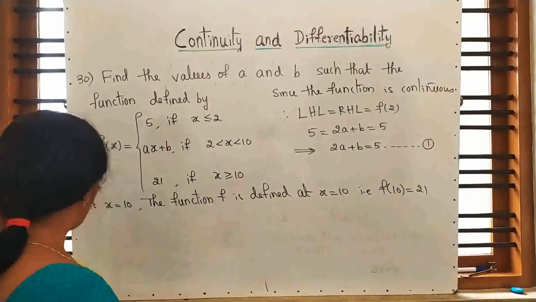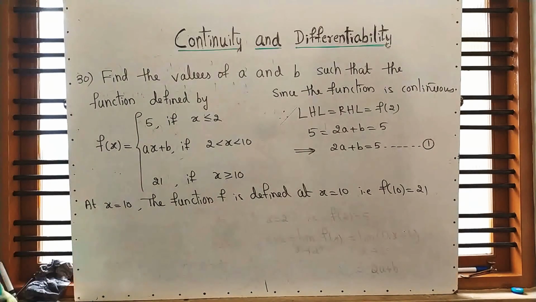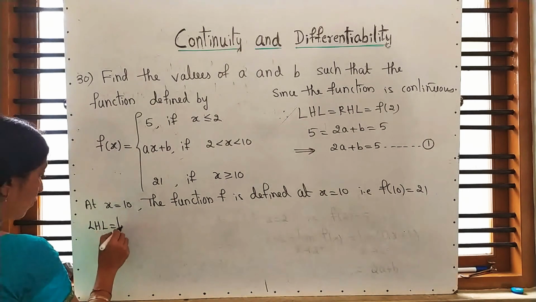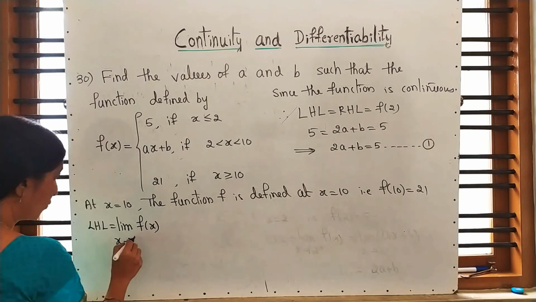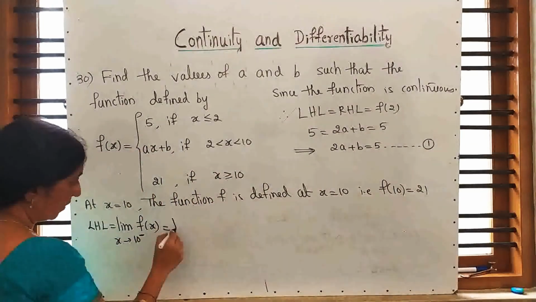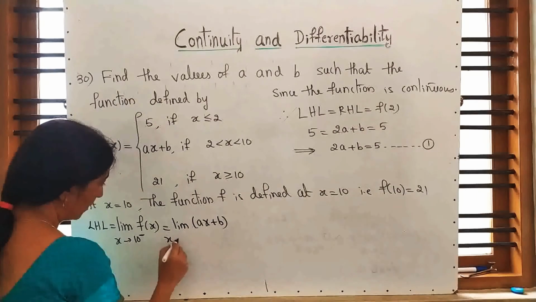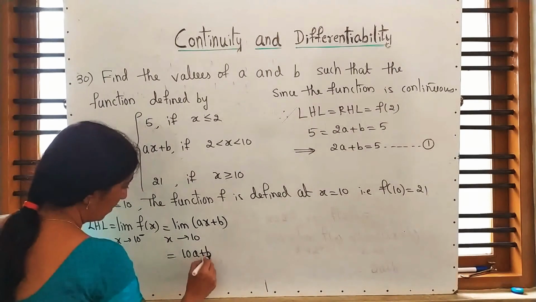Yes. Then see the left hand limit. LHL is equal to limit f of x as x tends to 10 minus. Which are we selecting? We are selecting this one, limit ax plus b as x tends to 10. So your answer is 10a plus b.